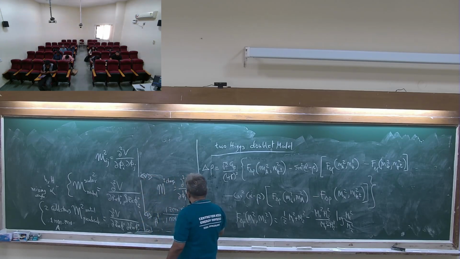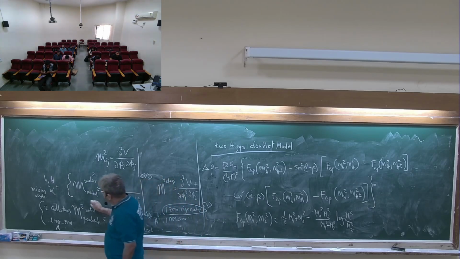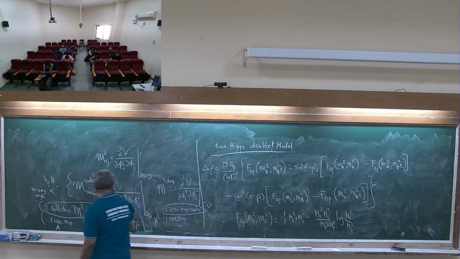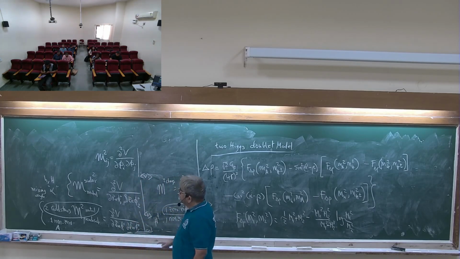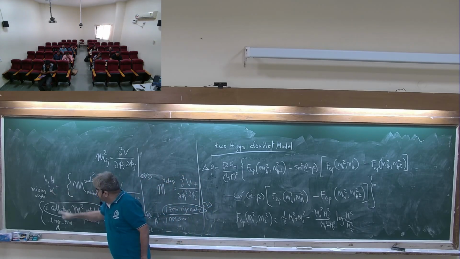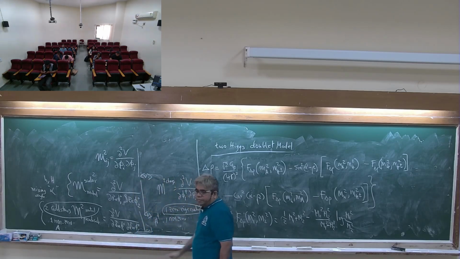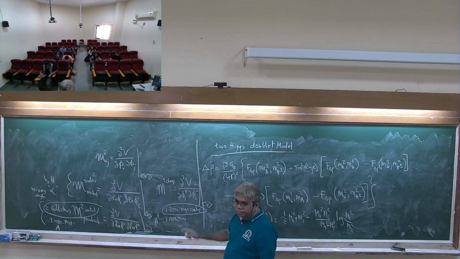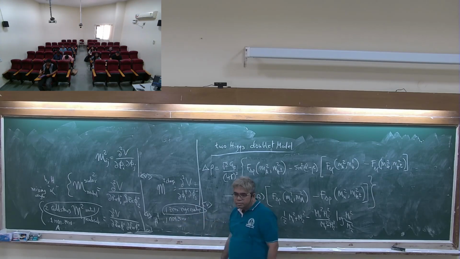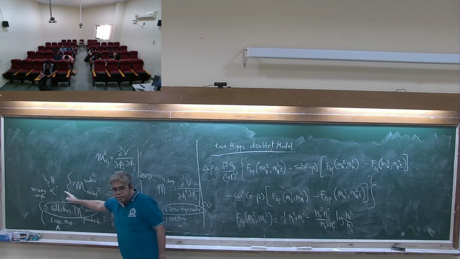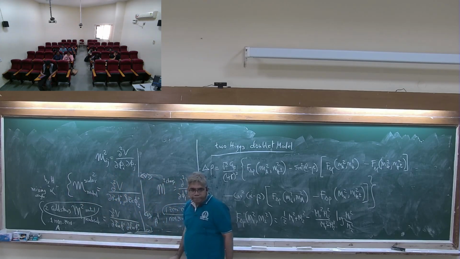So this is a Goldstone mode. These are also two Goldstone modes. So remaining are 1, 2, 3, 4 and 5. Okay. So 3 Goldstone modes, 8 degrees of freedom, 3 Goldstone modes, 5 physical particles, and the mixing angle alpha is the one only for the neutral part. Okay.